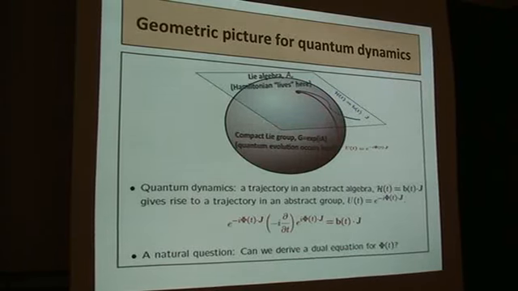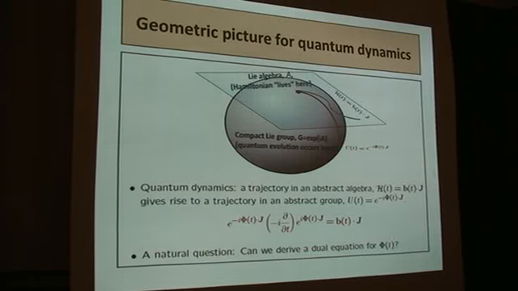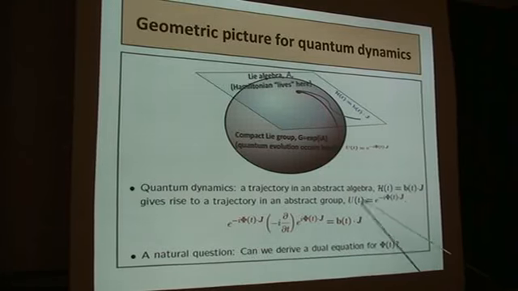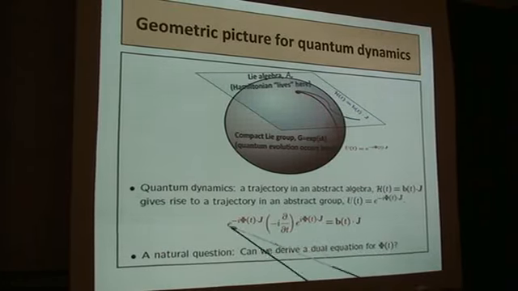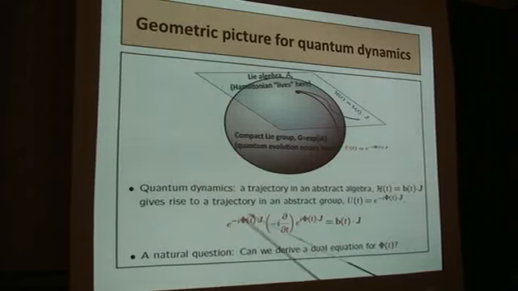So this is the main slide of the first part of the talk. Instead of looking at the Schrödinger equation for a wave function, I can look instead at this equation, which is the Schrödinger equation for the evolution operator. But instead of just solving it for an abstract U, I represent it specifically as an exponential of my generators, and this is some sort of time-dependent trajectory.